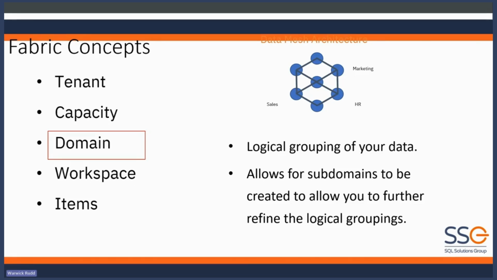Up there we've got sales, marketing, HR. They are logical, but it means that in our HR domain, we're creating a workspace which has our appropriate items, and we'll talk about what those items are, but only those people in HR are able to see those. Same as with sales. Only the salespeople can see what they need to have access to.